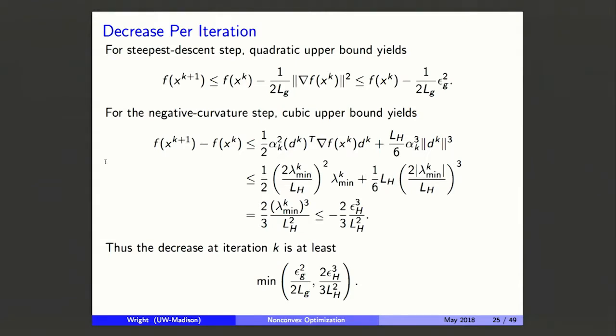So regardless of which kind of step you take, you can quantify the amount of decrease in terms of those tolerances. Then just taking the difference between f of x0 and f low, which is the lower bound, you can divide by the amount of progress that you're making at every step, and that gives you a complexity. You essentially just take the reciprocals. This is the guaranteed amount of decrease at every iteration.